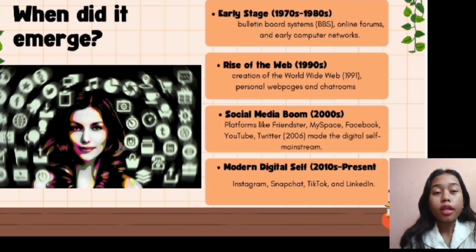All in all, digital self refers to a person's online persona and identity, which may differ from the real world identity. As I have said earlier, we have the personal identity and social identity, but in our digital self, our personal self can also be included.